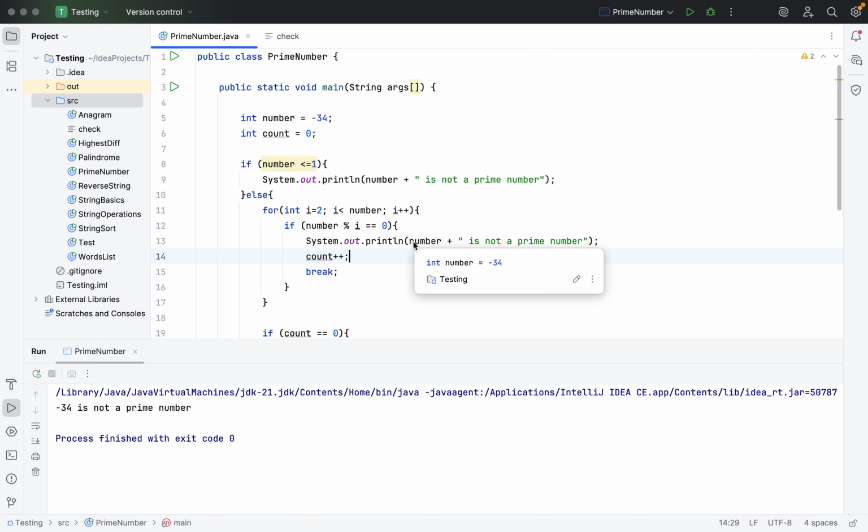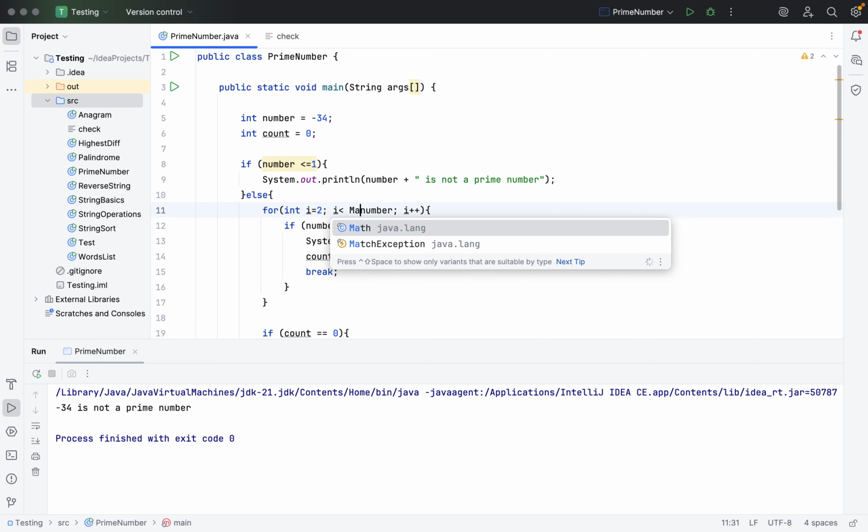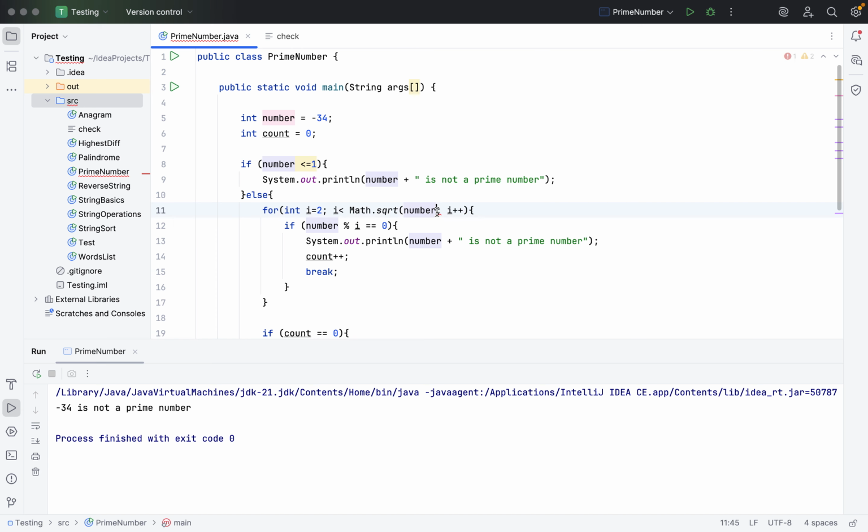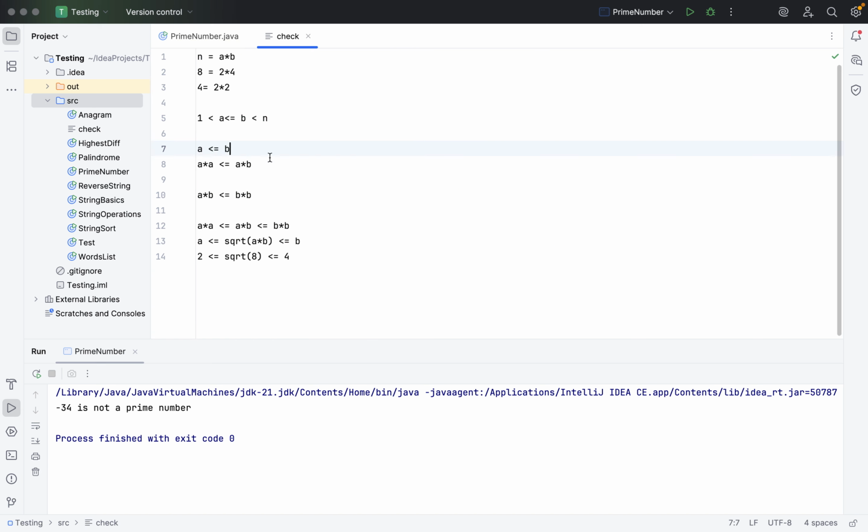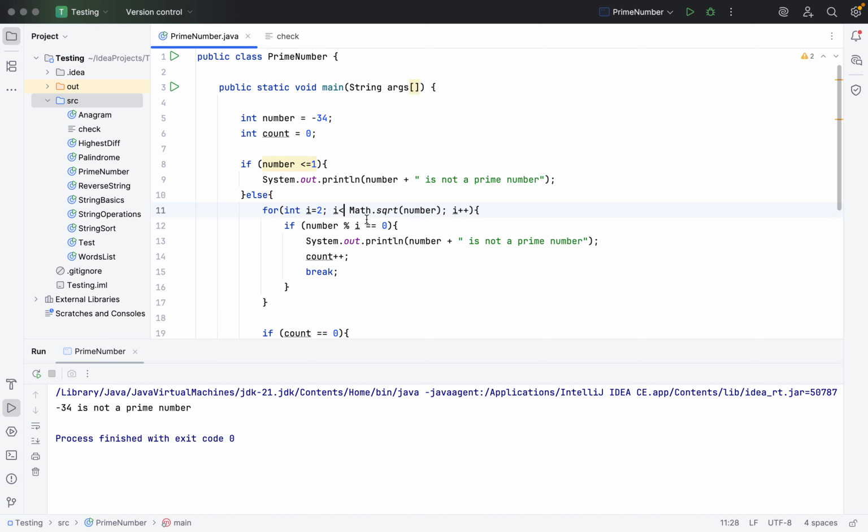In the logic, all we have to do is put the square root here, and remember the condition is less than or equal to. That's why we'll have to make a less than or equal to condition here. Okay, and we'll run this again.